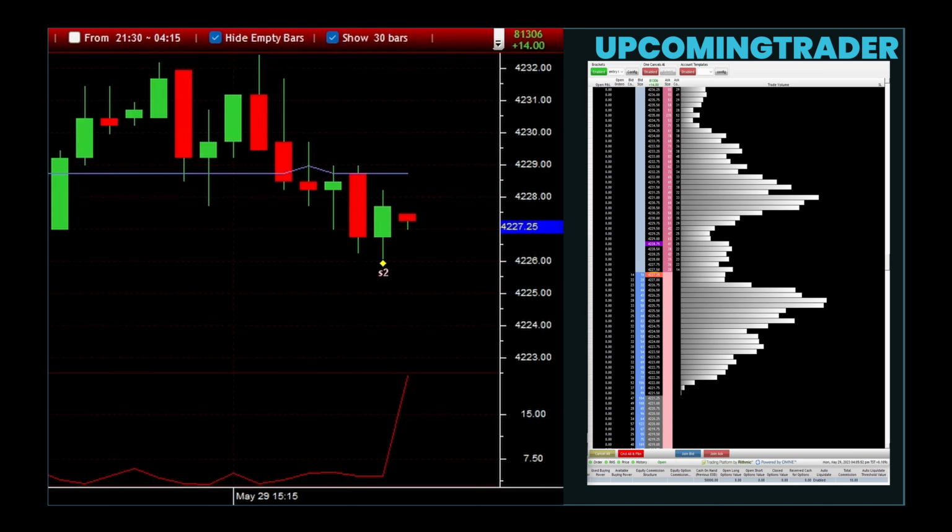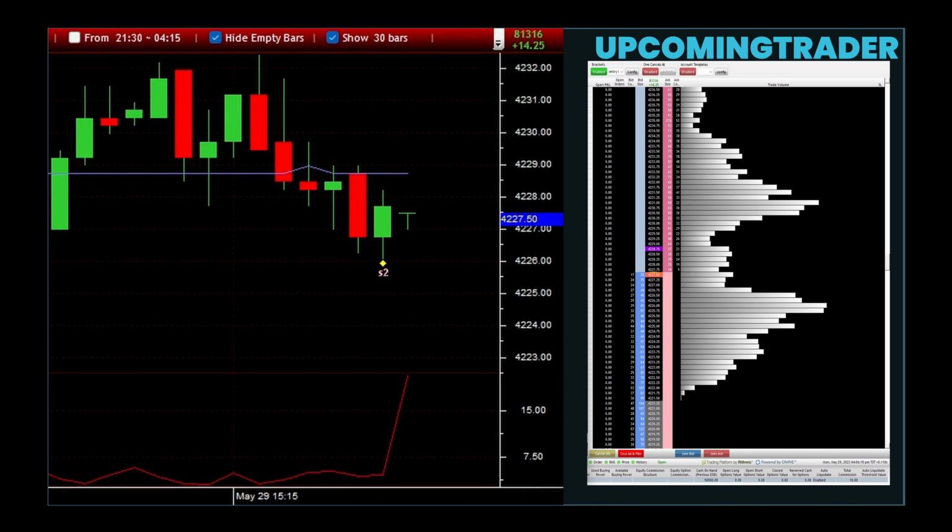Understanding these profiles helps traders make informed decisions about whether to trade breakouts or look for potential reversals based on market structure. Why does this matter? Well, seeing where the price has spent time shows you where the market sees value and where it has rejected value. The market tends to revisit levels where value was established, and these levels often act as magnets for future price movement.